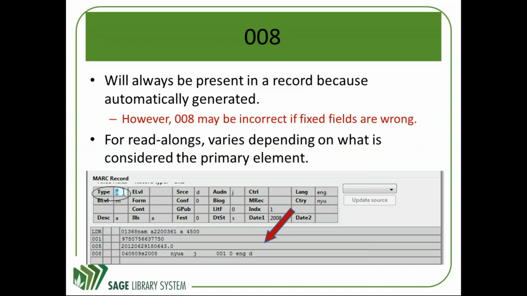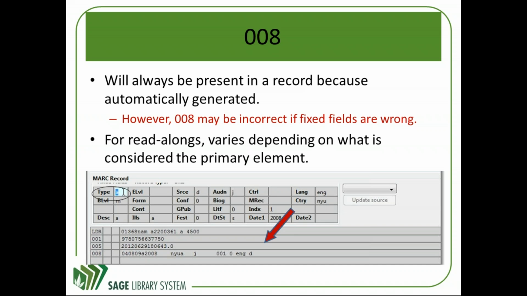Now, generally, most of us when we're cataloging, we don't necessarily look specifically at the 008. We're just looking at the fixed fields, right? So we trust that the 008 is right. With read-alongs, I think there's a little bit more of a chance that there might be errors in the 008, and that's because sometimes the fixed fields are wrong.